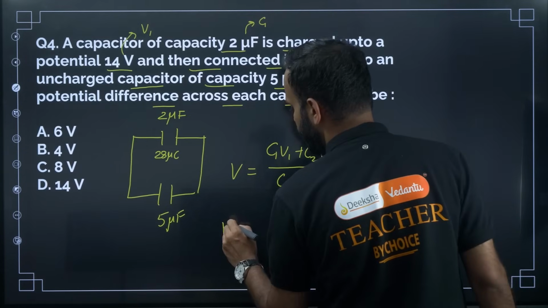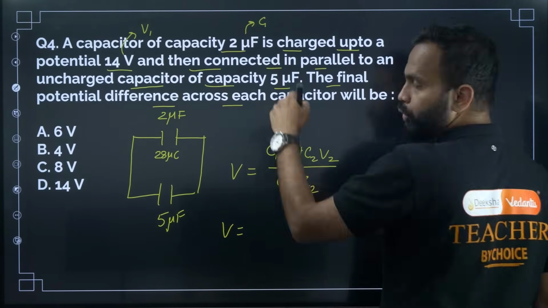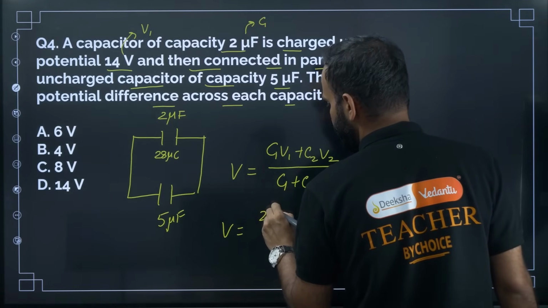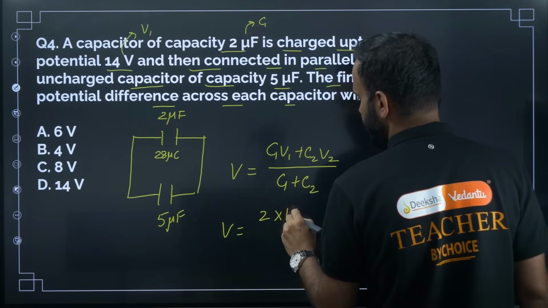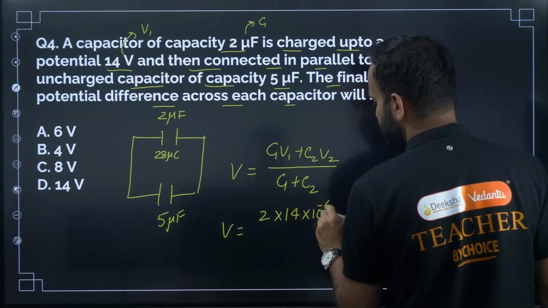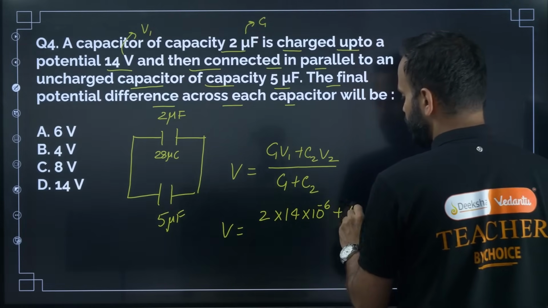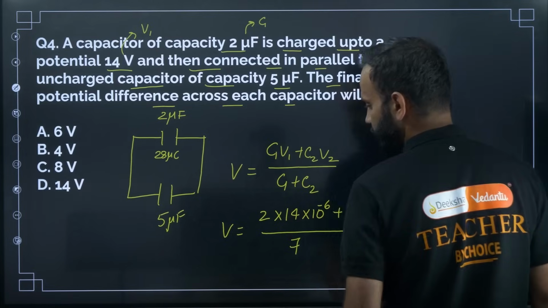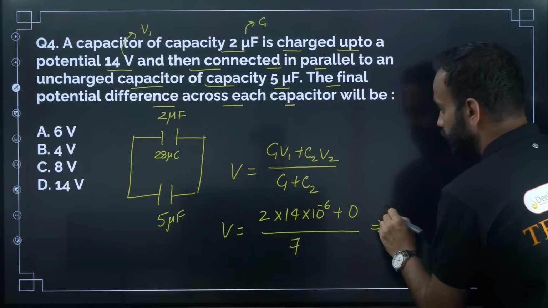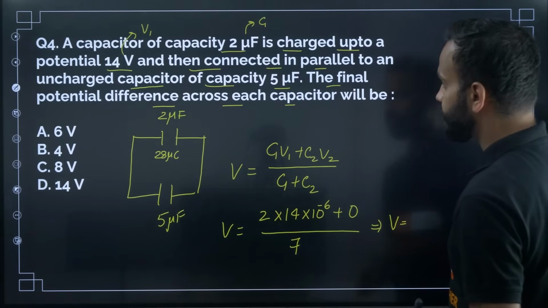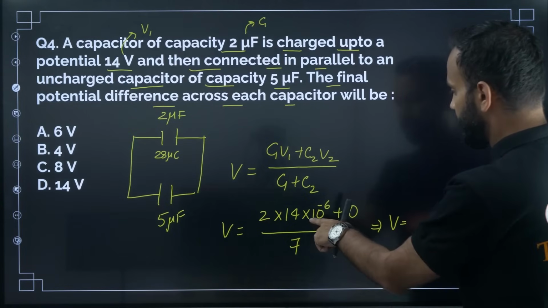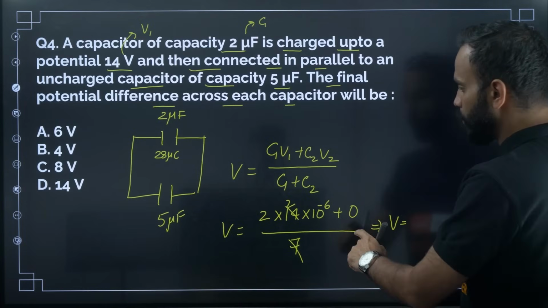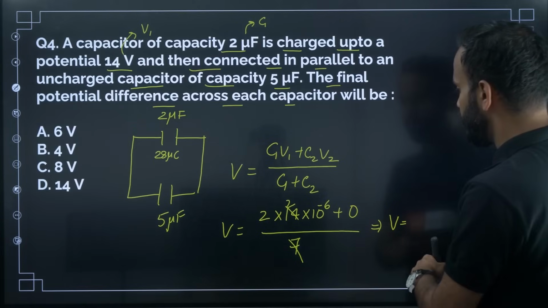So V equal to, C1 is 2 microfarad into V1 is 14 volt, into 10 to the power minus 6, plus C2 is 5 microfarad, V2 is 0, whole divided by C1 plus C2, that is 5 plus 2, 7. Now the common potential V is equal to 7 2s are 14, 2 into 2 is 4.